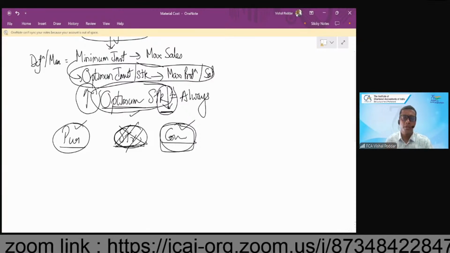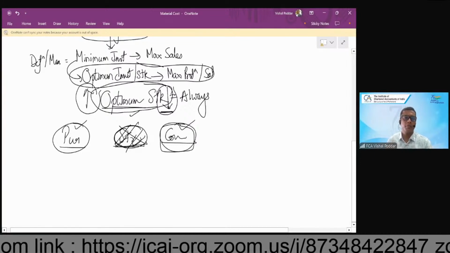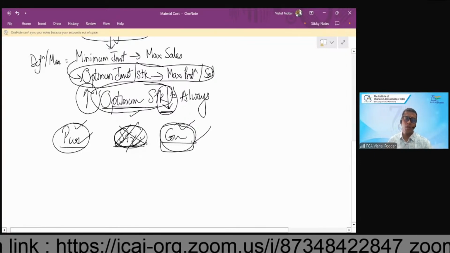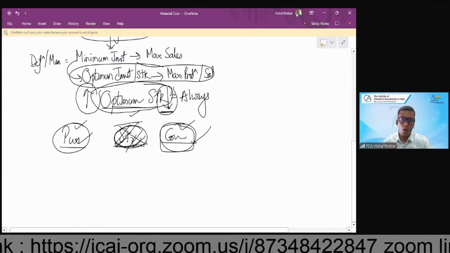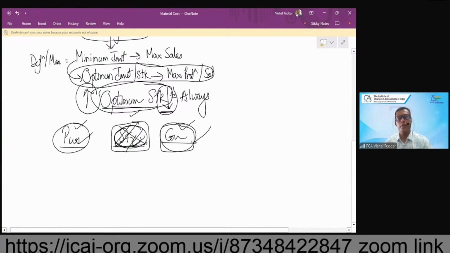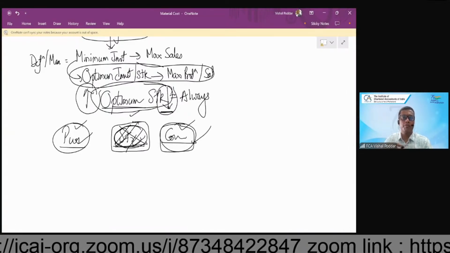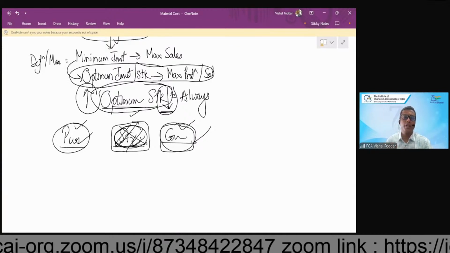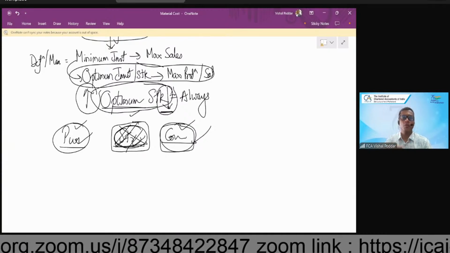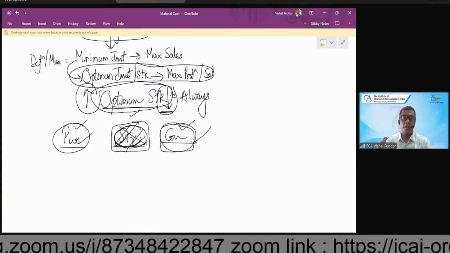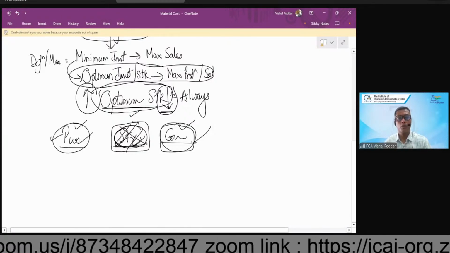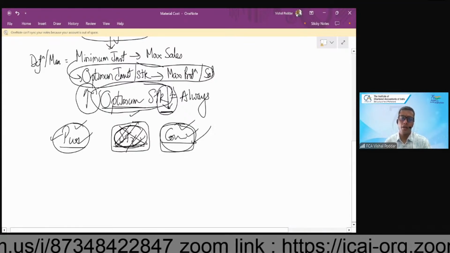But how is this determined? It is determined basis these two. Now, if I want to ensure that I have the optimum, that is the most perfect quantity in stock, what should I do? Because we are going to study the practical techniques here. So I have to now focus on two functions, that is purchasing and consumption.